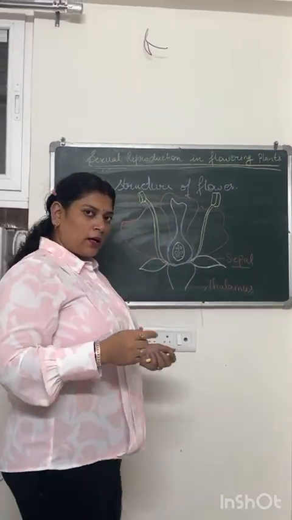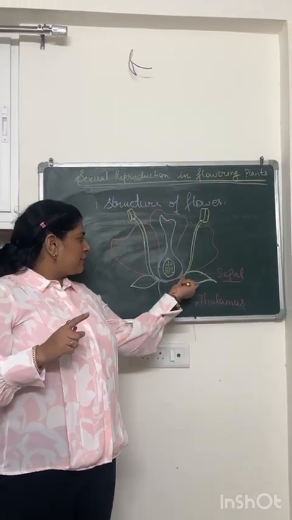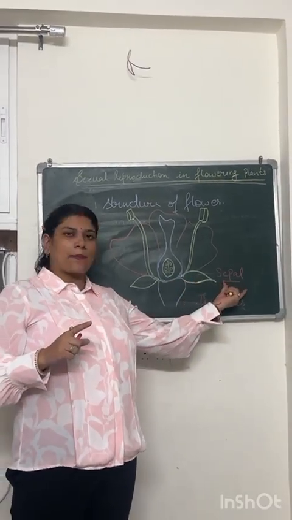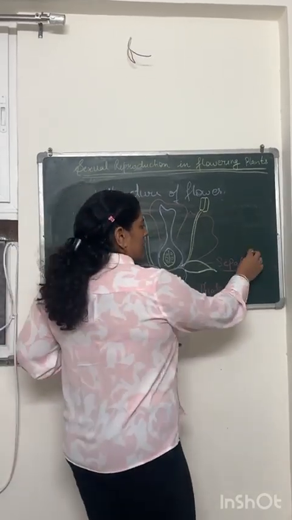The sepal, if we consider the first leaf, only one leaf-like structure is present, that is known as sepal. But if we talk about the complete whorl of sepals, that is known as calyx.